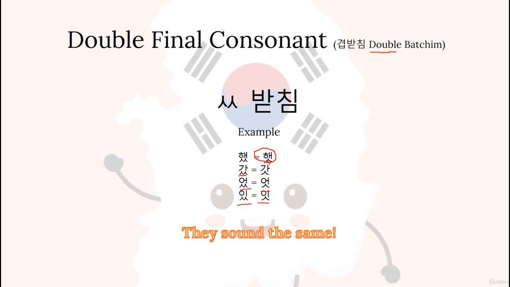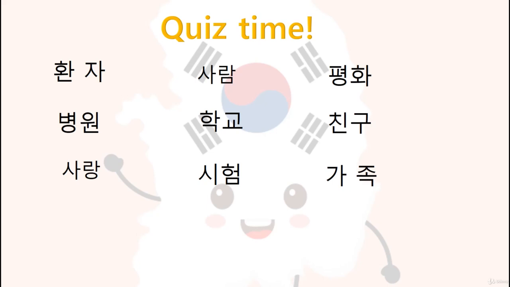Okay, so quiz time. It is the same question from our previous lessons. That was my intention, actually. In the previous lesson, you were puzzled and probably screaming, "Oh, how can I do it? I haven't learned the basic final consonant." But now you did.